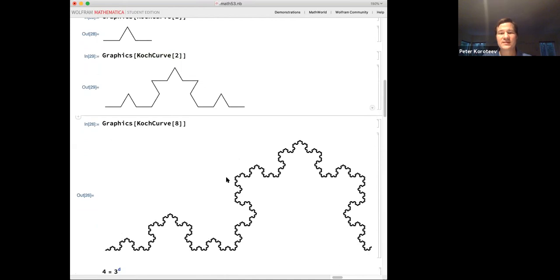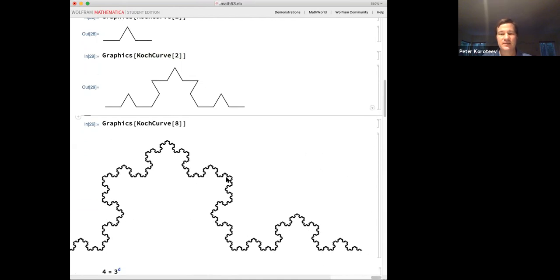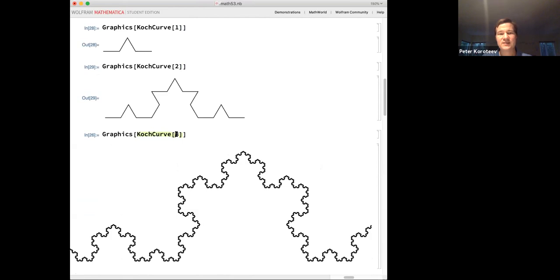So what will be the length of the whole shape as you increase the number of iterations, as you send it to infinity? So what is the length of the Koch curve? Just make a guess, it's more or less self-evident.